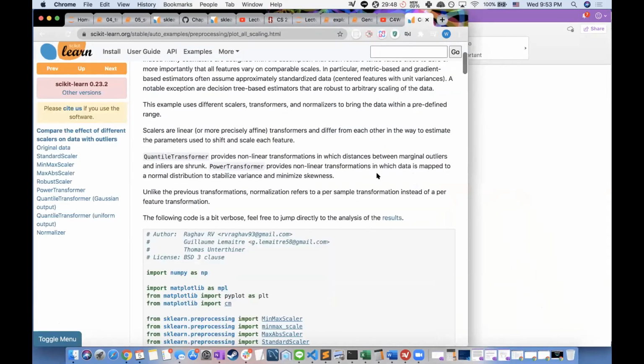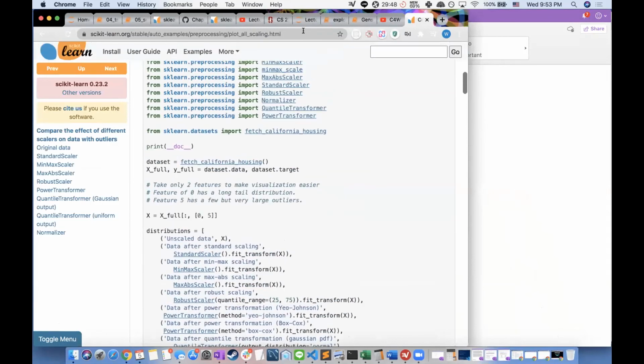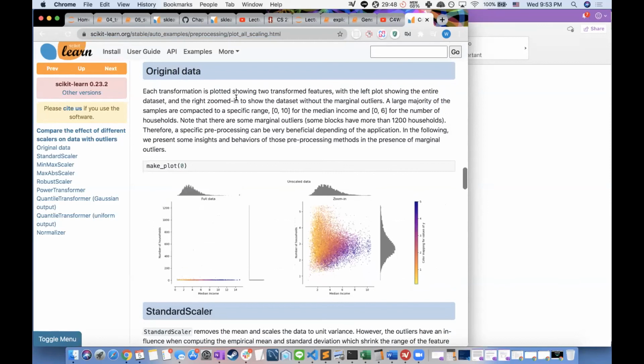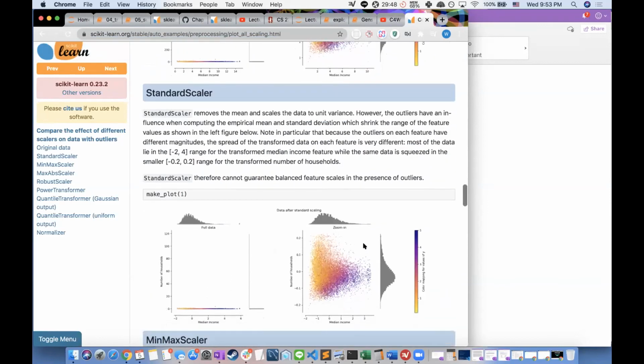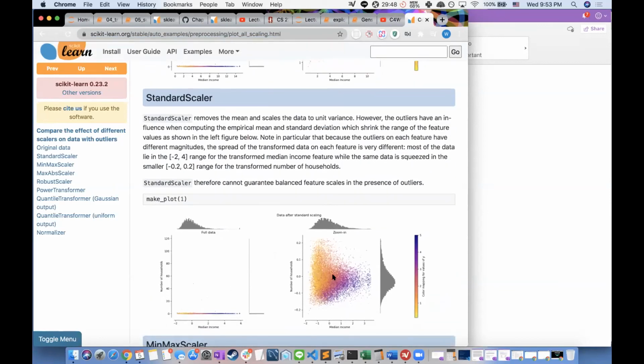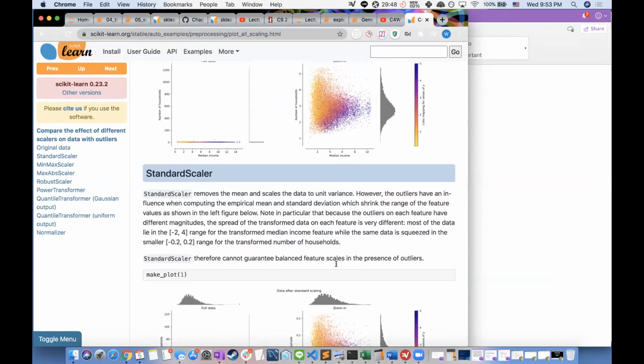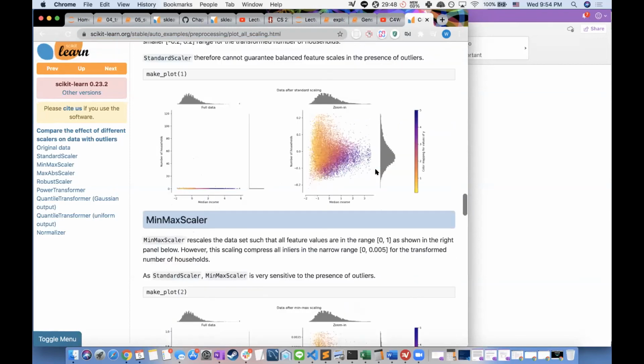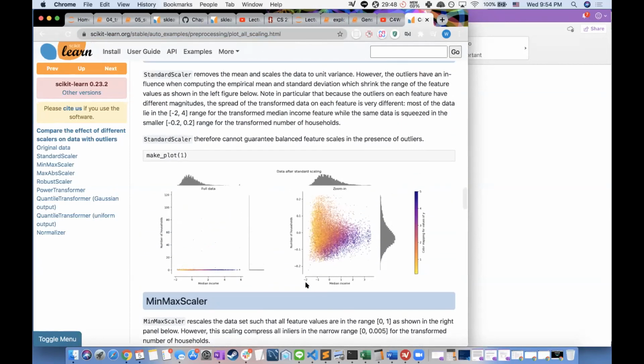I mentioned this previously. This page actually plots all the scaling methods. Let me just type that into the chat. So this actually plots the effects of scaling. Like if the median income ranges from this to that in your original data, after the StandardScaler it would look like this.